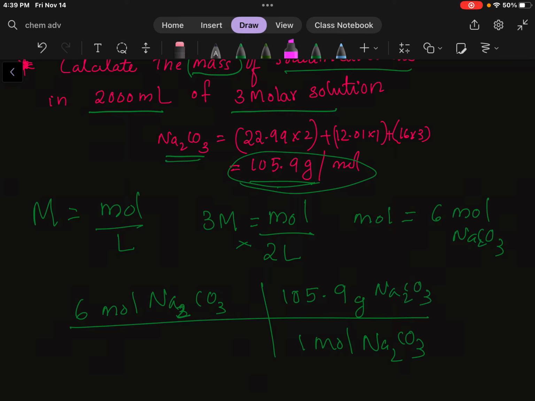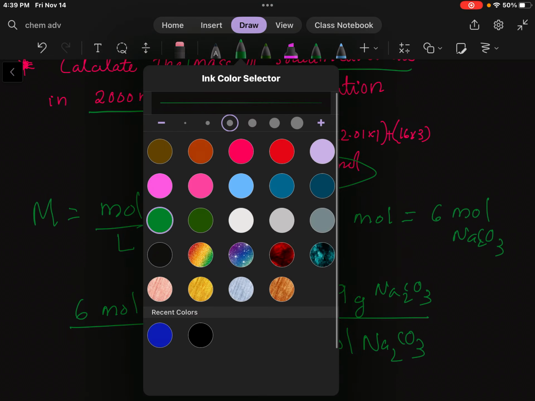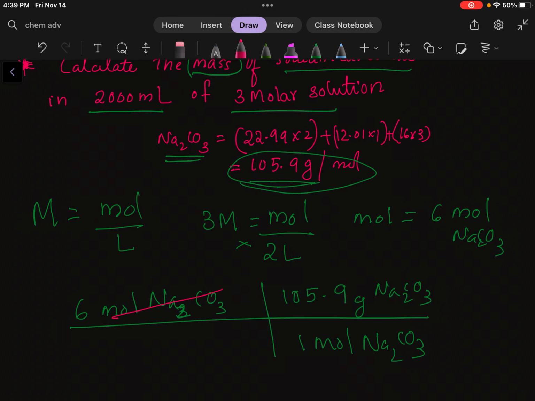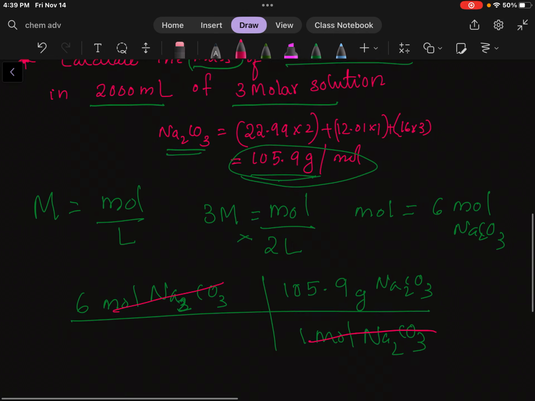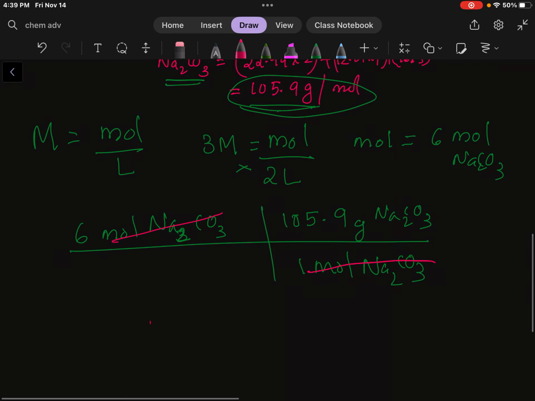Now we will do the same thing with dimensional analysis. Moles and moles cancel, and you will get the answer in gram.